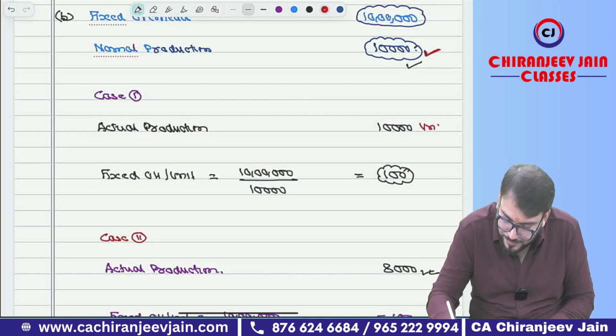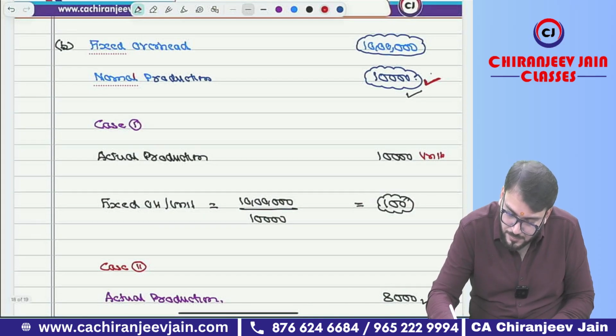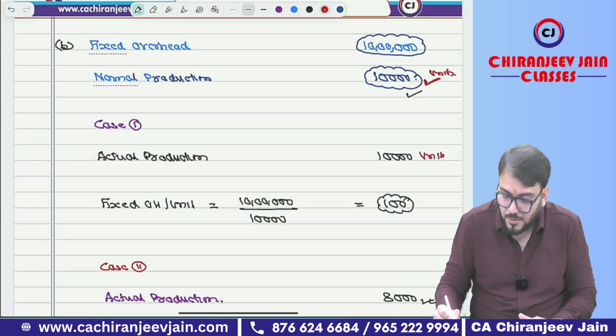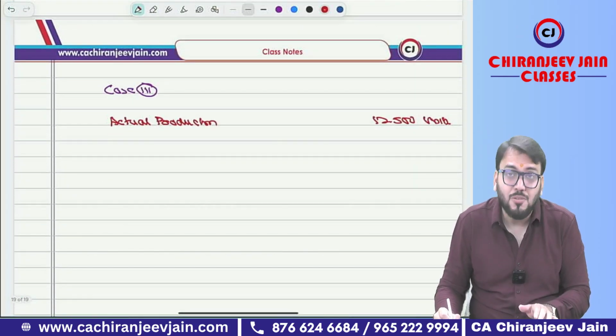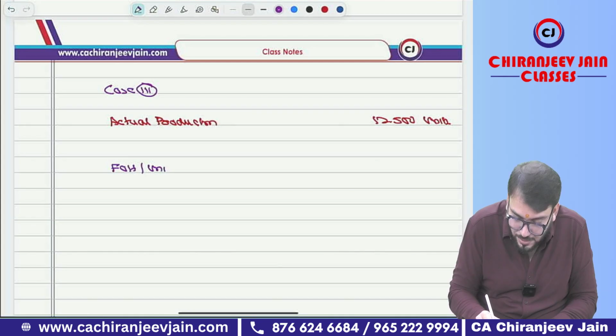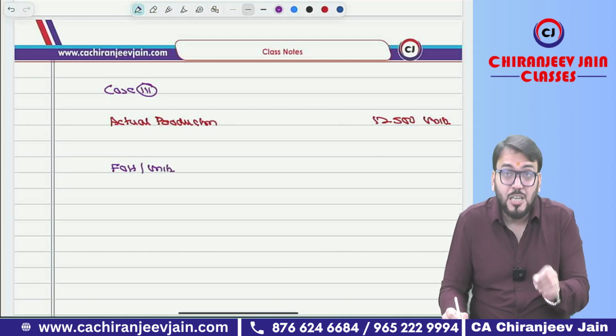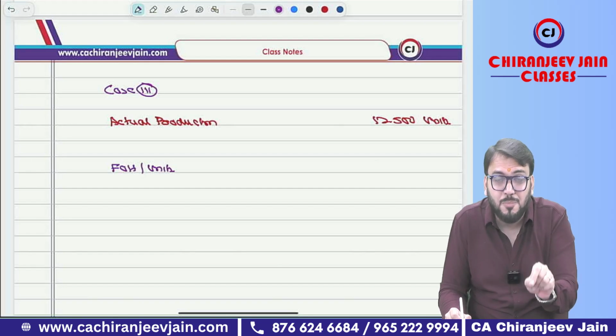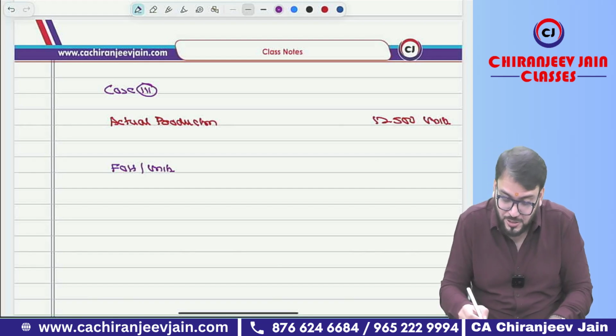These all are units. Now, what will be your fixed overhead? Don't write. Just try to understand what I am saying. If you apply the formula that fixed overhead will be allocated to each unit on the basis of normal production, so what will you do?